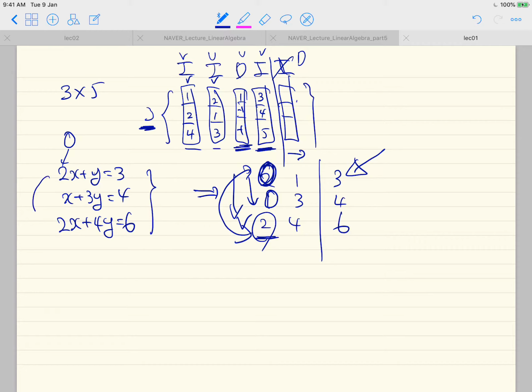That has the effect of changing between the two equations, and when solving this set of equations, the order doesn't matter, right? These are just a set, which is an unordered list of equations, so we can freely change the order, and that corresponds to interchanging between the rows. And then what about the second one? The second one is just a scaling of a single equation, right?